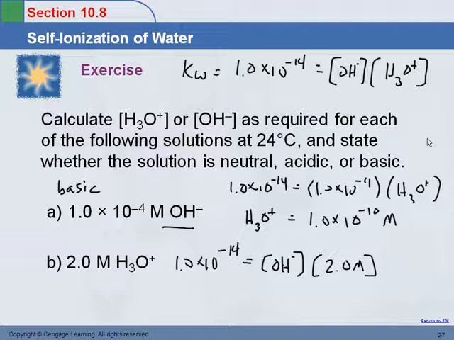So solve for hydroxide by dividing both sides by 2. So 1.0 times 10 to the negative 14th divided by 2 is going to be 5 times 10 to the negative 15th. That's my hydroxide ion concentration. Oops, forgot my units. That'd be molarity.